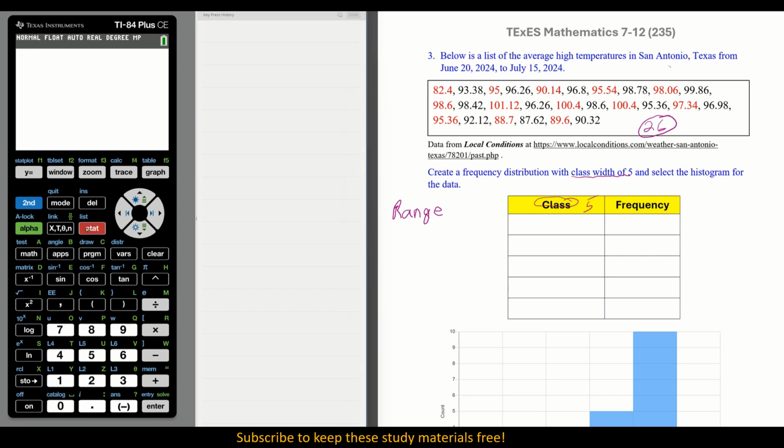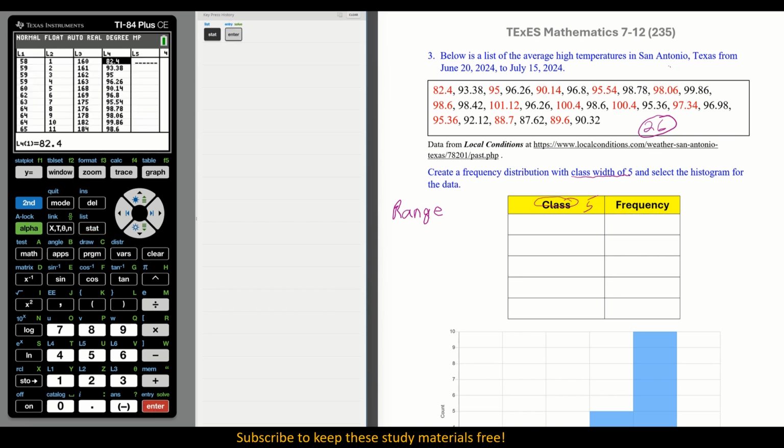So let's go to stat, and number 1's highlighted. That's what we need. Enter. Now all this data has already been entered. If you take a look at it, it's in L4, and we see we have 82.4, then 93, 95. At this point, you may want to stop the video, enter it in the calculator for yourself, and then move on.